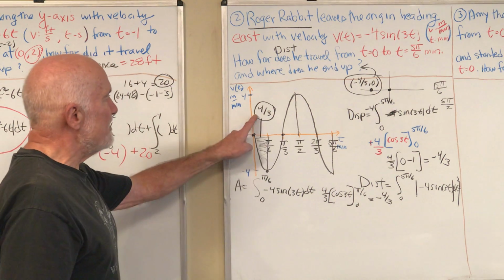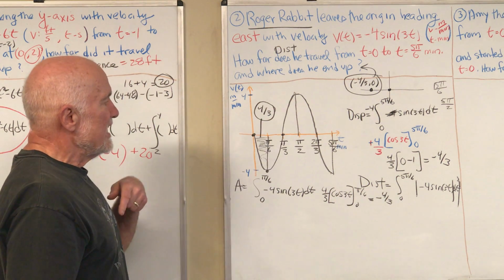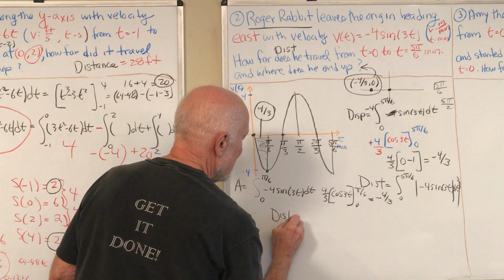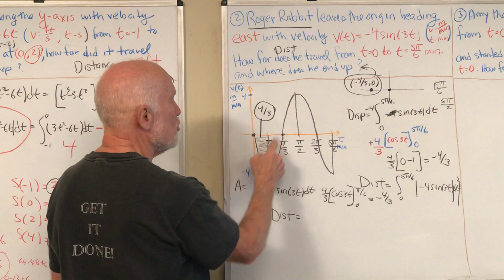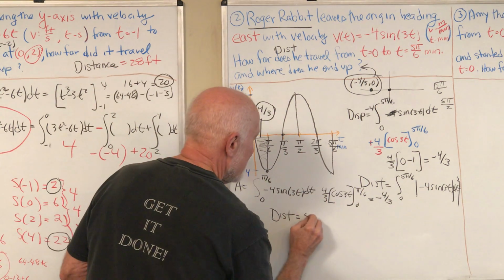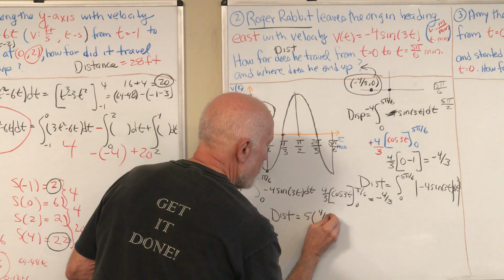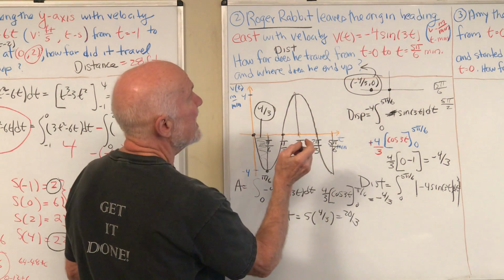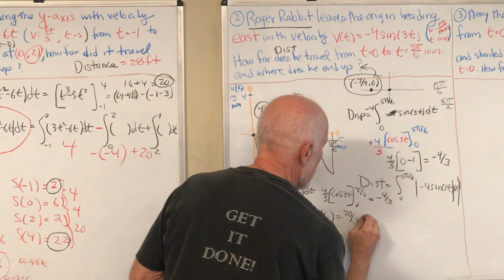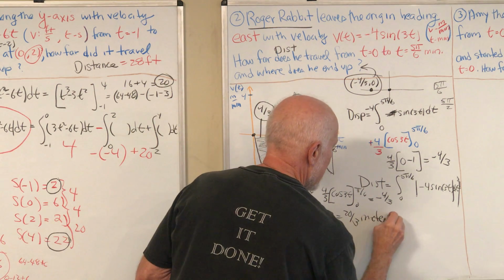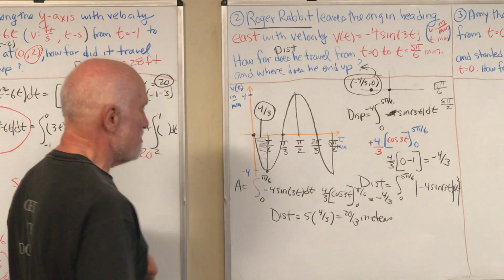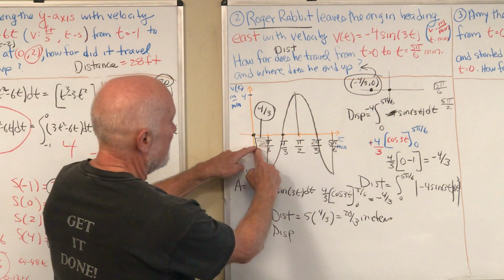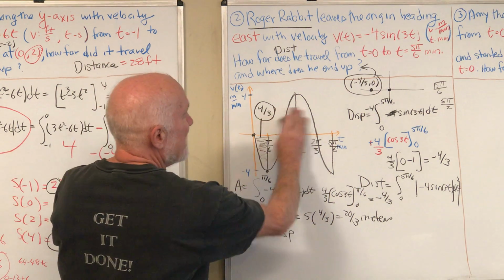Once I know the area of that is 4/3, can I find the distance? Yeah, the distance is just going to be 1, 2, 3, 4, 5 of these 4/3, or 20/3, and it's in meters. And how would you get the displacement? Well, you can see that this would cancel with this.